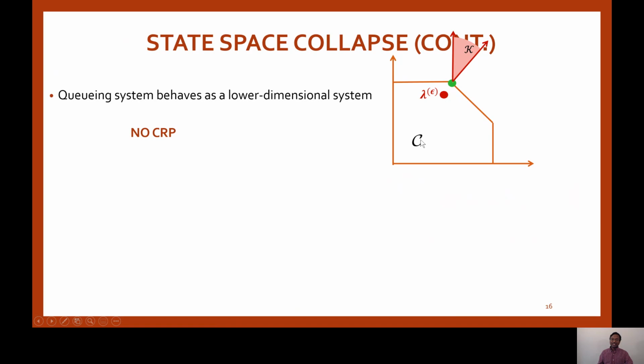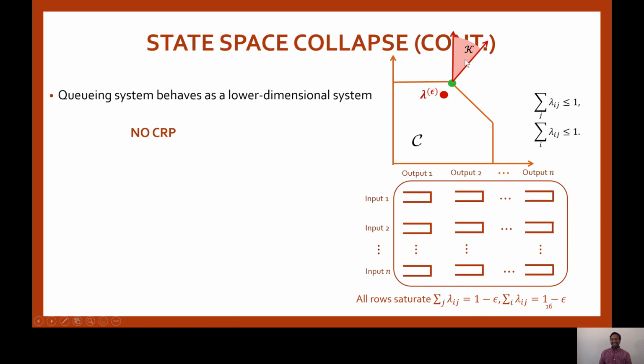And then one can show that the Q length vector in this case actually collapses to this cone. So we don't have a single dimensional collapse. In the context of a switch, not satisfying complete resource pooling just means that two or more ports are saturated, which means among these two n constraints, two or more are tight.